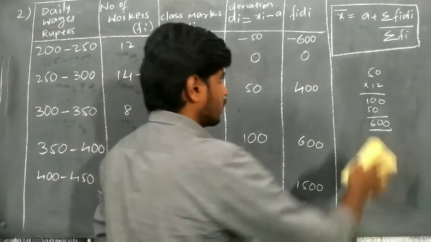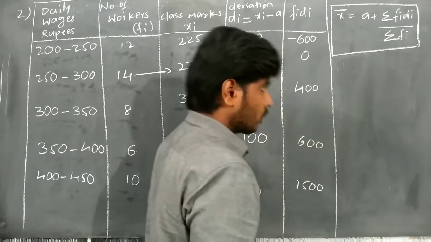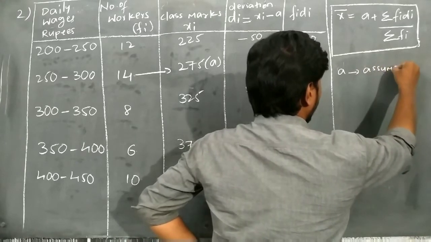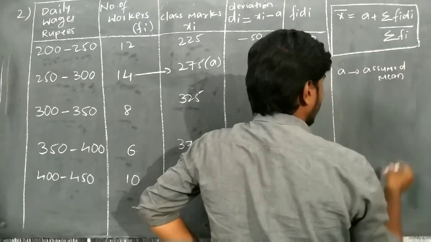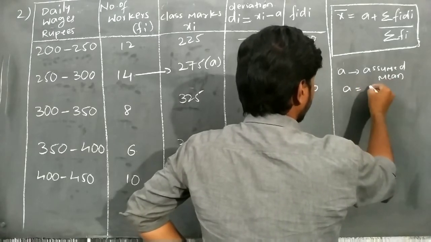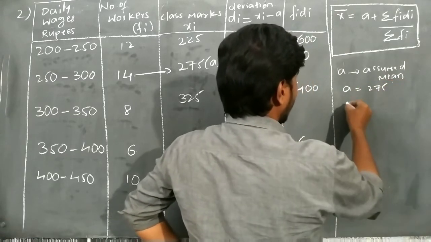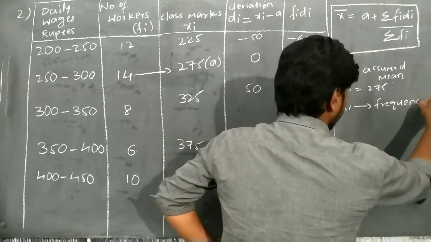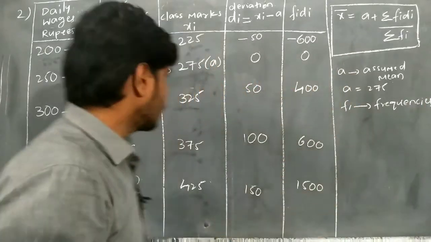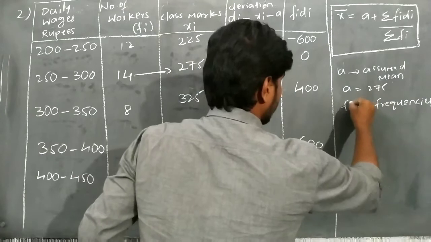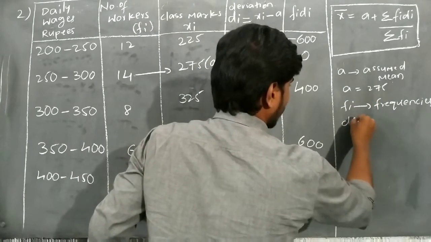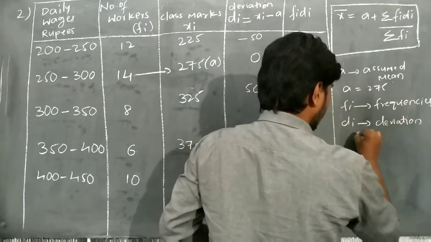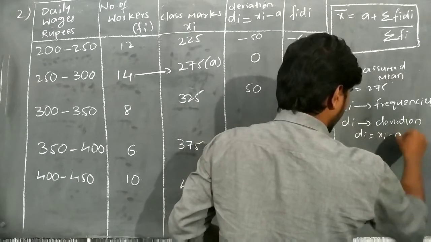Now what we have to do? Coming to the formula once. Here a is nothing but the assumed mean, okay. Already we got this: a equals 275. And fi are the frequencies, okay. These are the frequencies. Next, di, nothing but deviations. We found the deviations using this formula, okay.